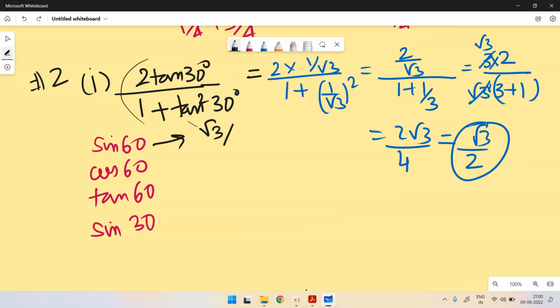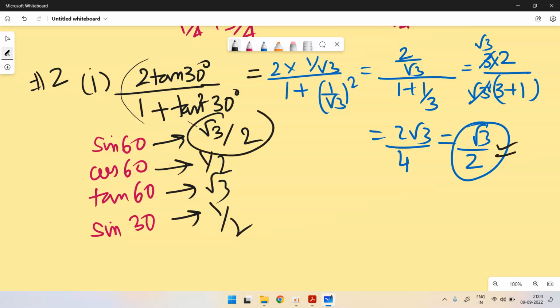Sine 60 is root 3 by 2. Cos 60 is nothing but half. Tan 60 you know is root 3. And sine 30 is half. So from there, root 3 by 2 is only equal to sine 60, so sine 60 is your correct answer.